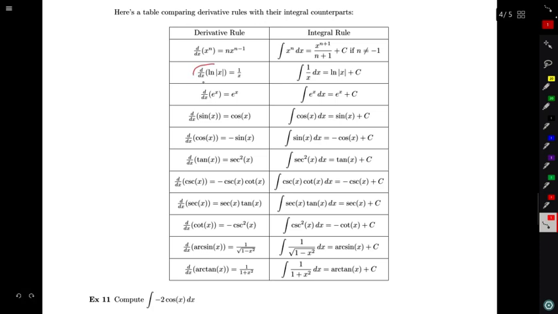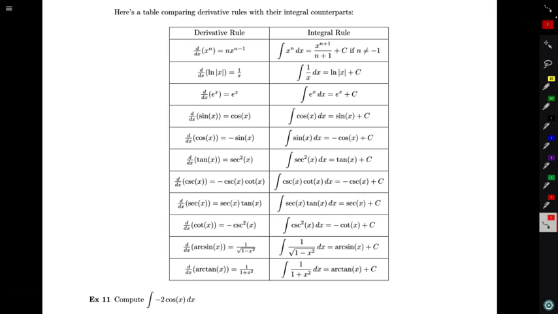We have the derivative of natural log, and we have the integral of x to the minus 1 there. Here's our exponential rule along with our corresponding integral rule. We have each of our different trig functions, sine, cosine, tangent, cosecant, secant, and cotangent, and each of the corresponding derivative rules or integral rules on the right-hand side.